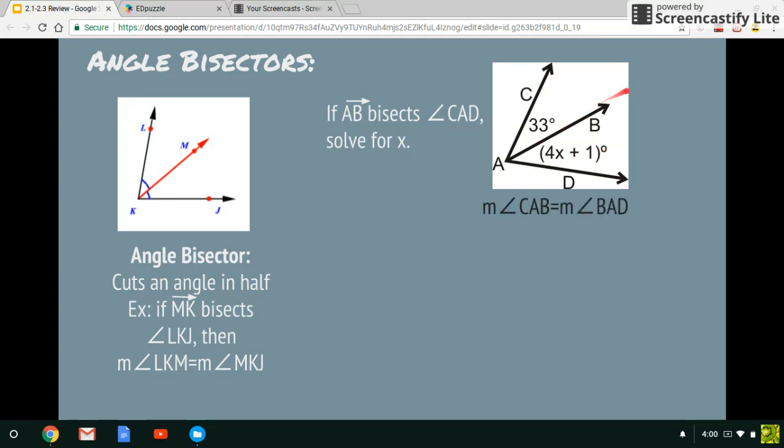So since this is a bisector, that means that CAB is equal to BAD. So we can set them equal to each other. So we can set 33 equal to 4x plus 1, and we can use our algebra skills and solve for x. So we just have to subtract 1 from both sides to get 32 equals 4x. And then we can divide by 4 on both sides, and we get that x equals 8.